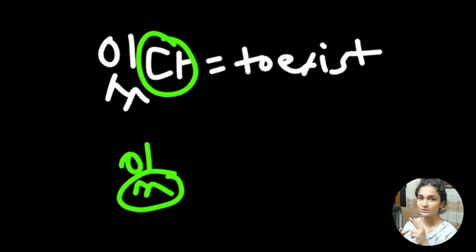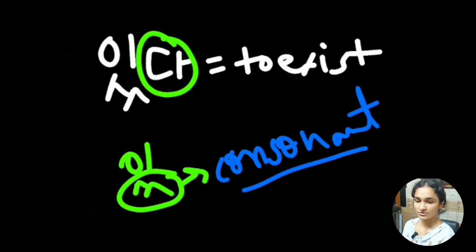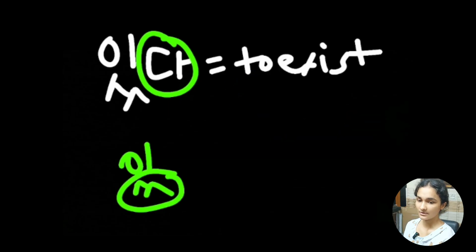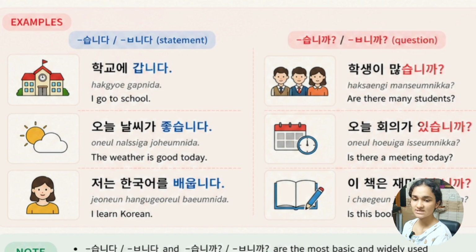It has a double consonant. So if it is a consonant, then what are we going to use? 습니까, right? Just look at the chart. We're going to use 습니까. The question will be 있습니까, because you're asking if something exists.